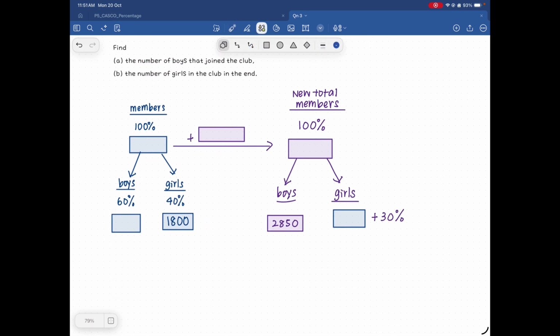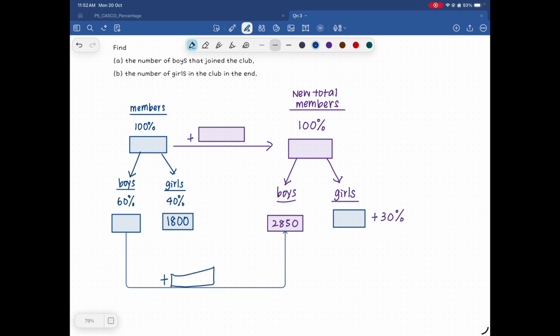So we want to find the increment. This is A. And for B, the number of girls in the club in the end. So I want to find the new total for girls.